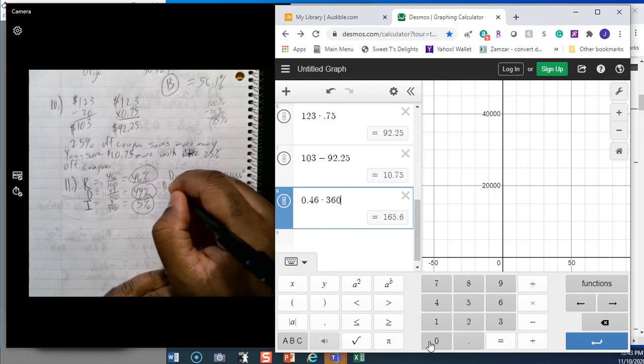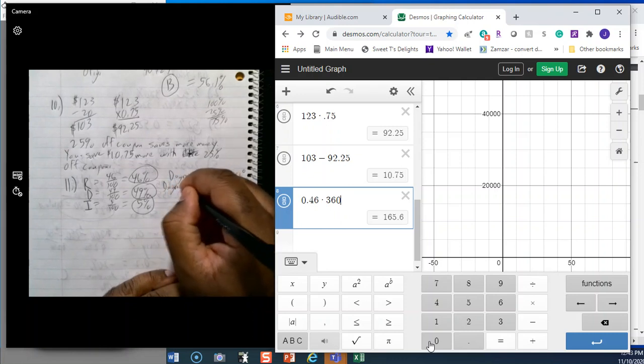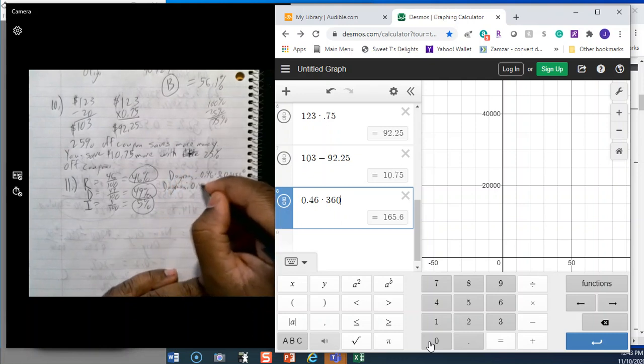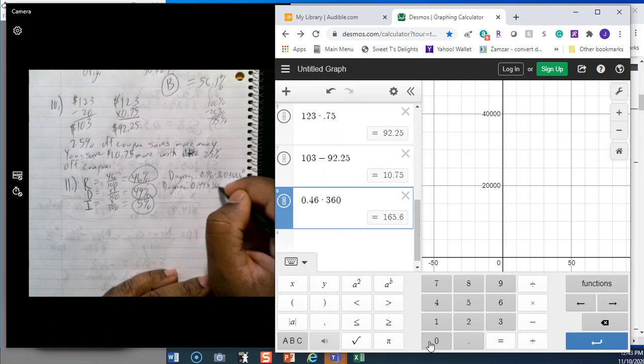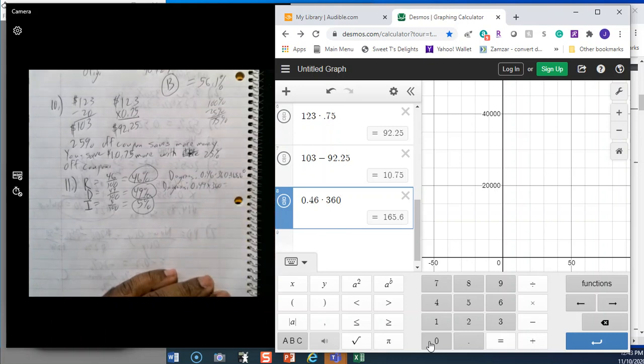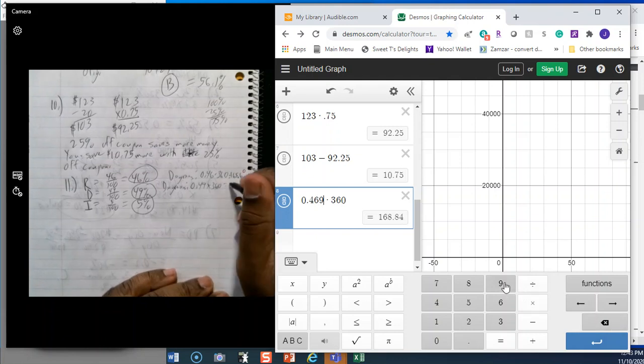So these are the degrees for the Democrats, 0.49 times 360. So that'll be 168.84 degrees.